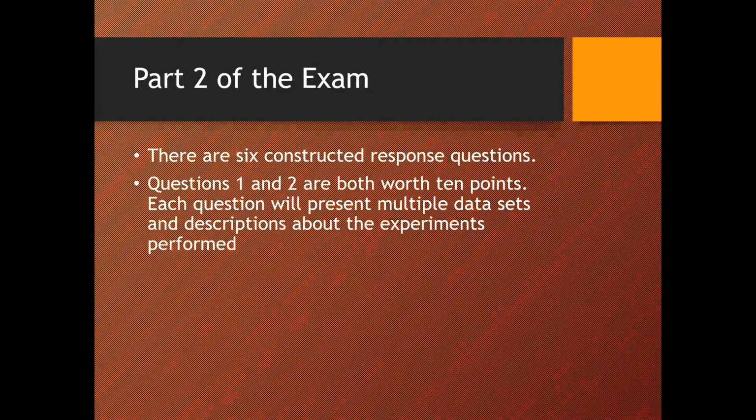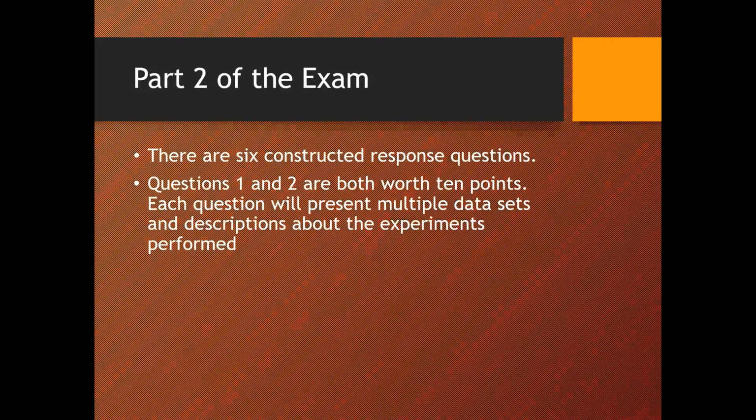They will have descriptions and multiple data sets, and they will ask you to think not only about the results of the experiment, but also the experiment's design itself. So you're going to have to think about whether the experiment was done properly or not, what changes you could make, and then go on to talk about the data.